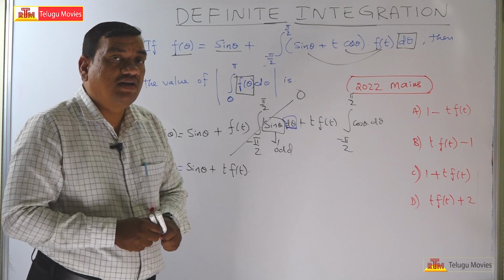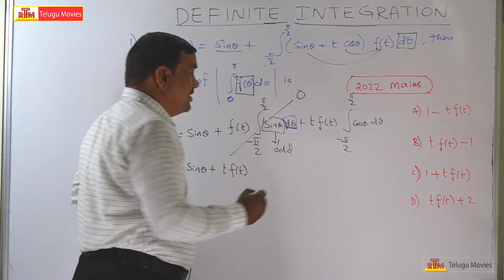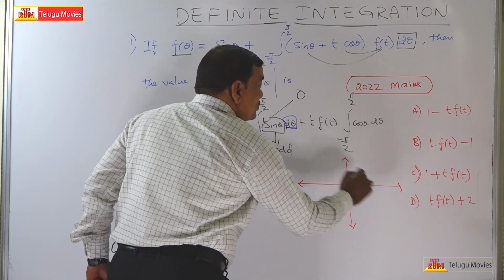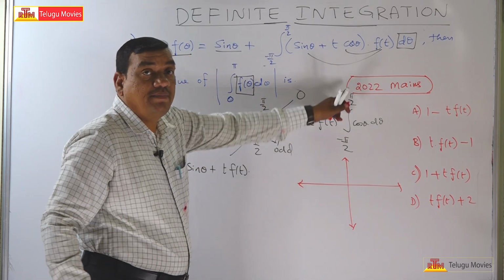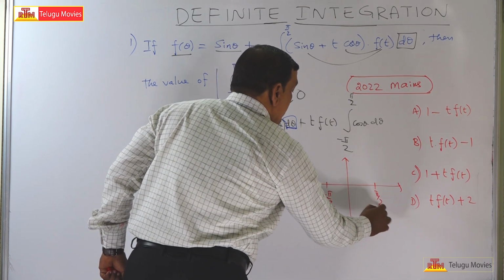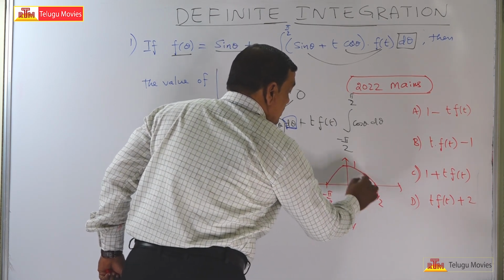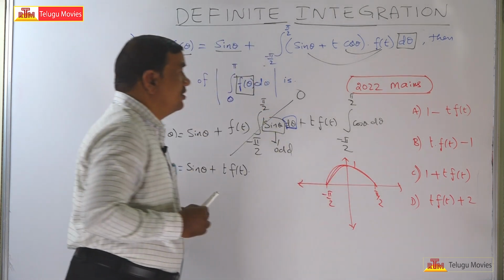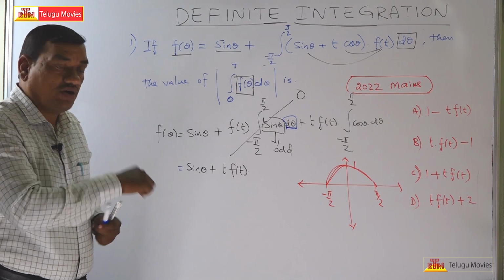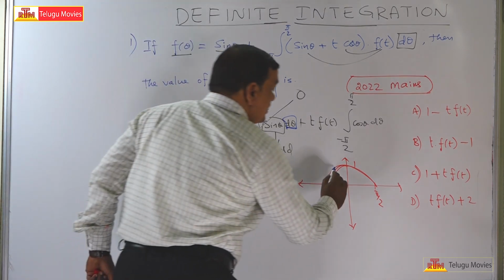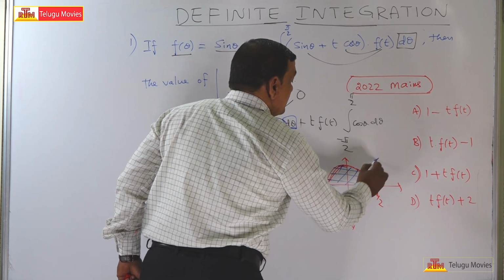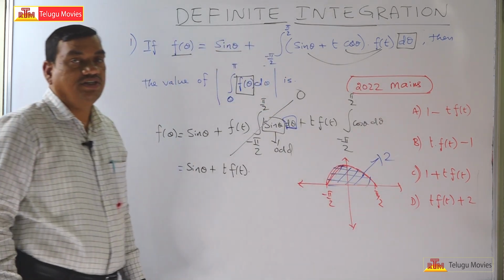There are some fundamentals you have to remember. See, this is from minus pi by 2 to plus pi by 2. This is the cos x graph. So cos 0 is equal to 1, cos pi by 2 is 0. Always remember, this area is 2 square units.